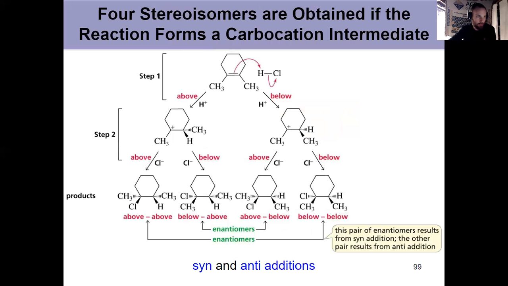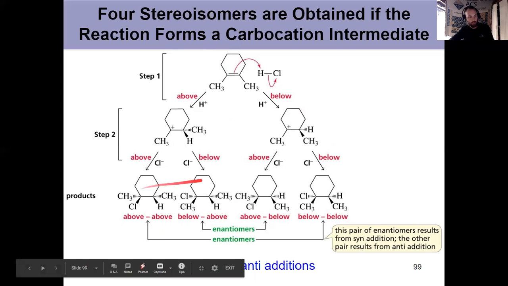So in that case, I could add the proton and get a positive charge here or here, and then it's again a 50-50 shot of the chlorine adding above or below after the hydrogen could add above or below.